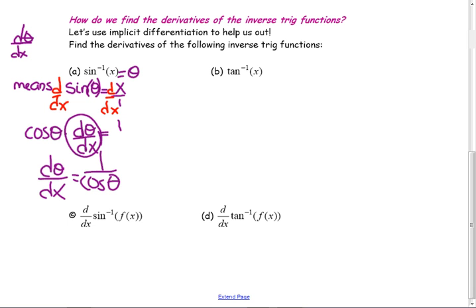Well, my problem is I don't want the derivative of the inverse sine to have an angle in it. I want it to have x's in it. So let's draw the picture. It says the sine of theta is equal to x. Here's theta, sine is x, so it's opposite over hypotenuse. What's this leg going to be?